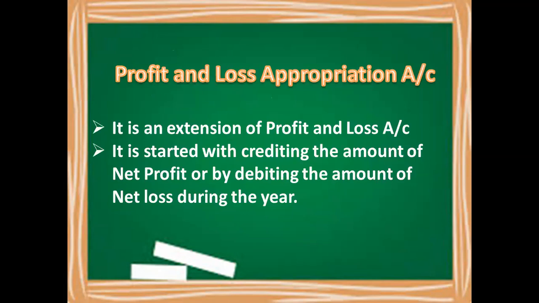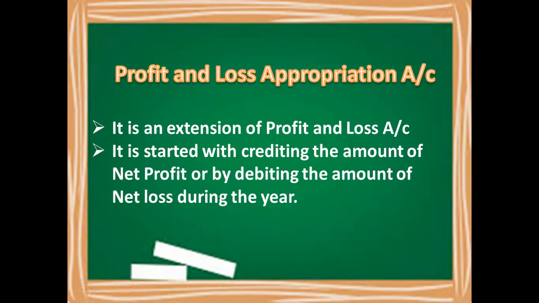So what is the profit and loss appropriation account? It is an extension of the profit and loss account. What does it mean? In a partnership firm, first we prepare the trading account. Once the trading account balance comes, that balance helps us prepare the profit and loss account. After preparing the profit and loss account, we prepare the profit and loss appropriation account, because this account shows how the net profit and net loss are distributed among the partners.